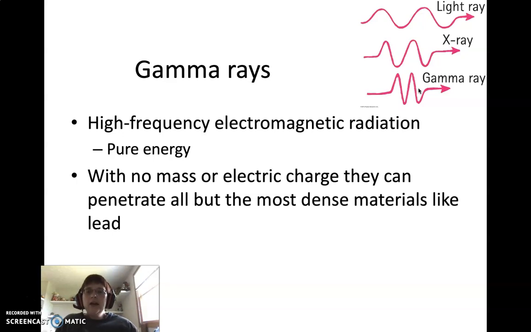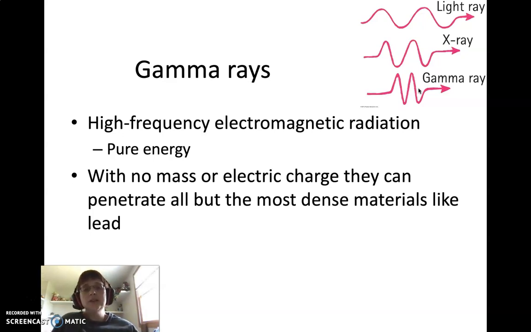And because they have no mass and no electric charge, they can penetrate all but the most dense materials. So that's the thing that slows down alpha particles, is their size, their mass, and what slows down beta particles because they're electrically charged with that negative charge. But because gamma rays are just pure energy, there's nothing to slow them down.